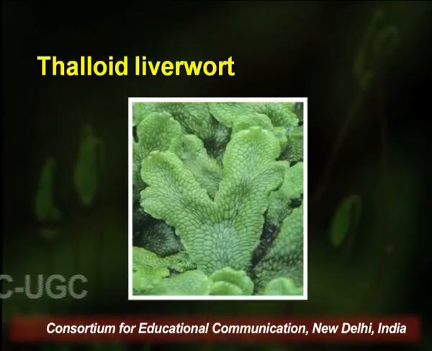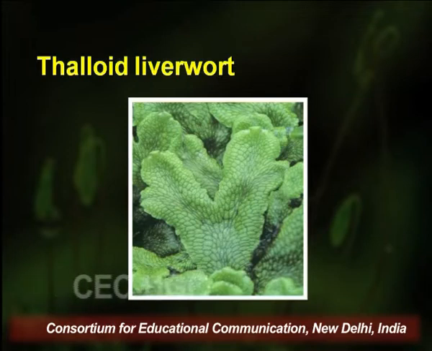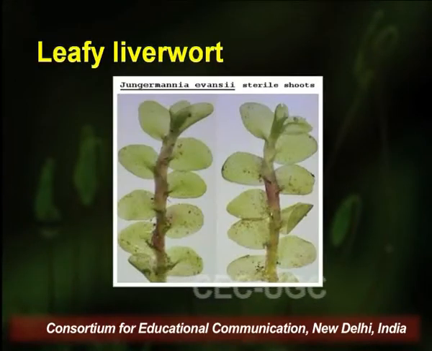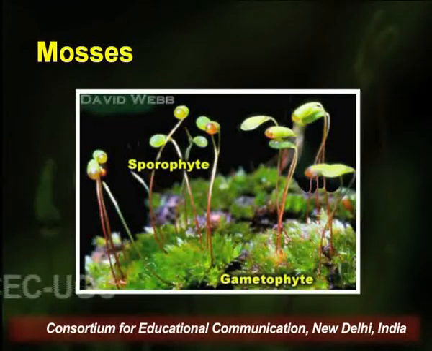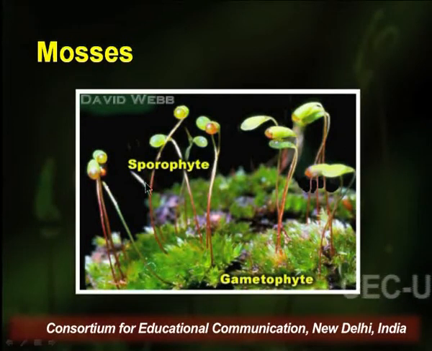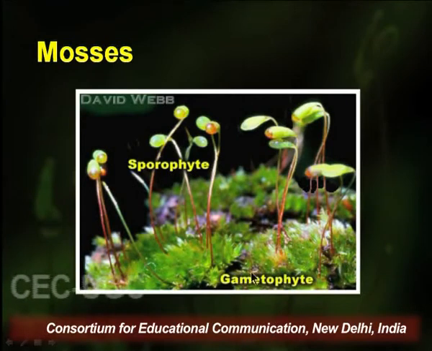This is a diagram showing thalloid liverwort. A leafy liverwort would look something like this, whereas a moss would look something like this, where it will have its own sporophyte and a gametophyte which is very inconspicuous and smaller as compared to the rest of the sporophytic structure.